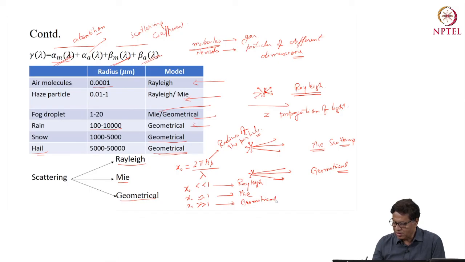So it can be modeled based on this x naught figure, which has the radius of the particle built into the formula. It also depends on what volume of particles you have in the atmosphere, whether it is dense or light.